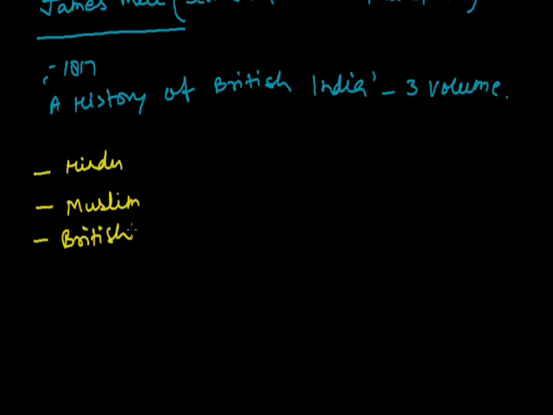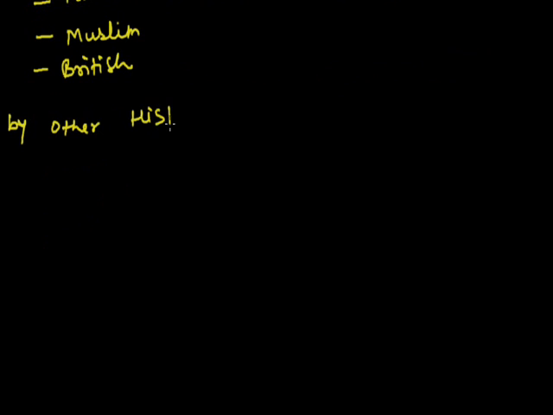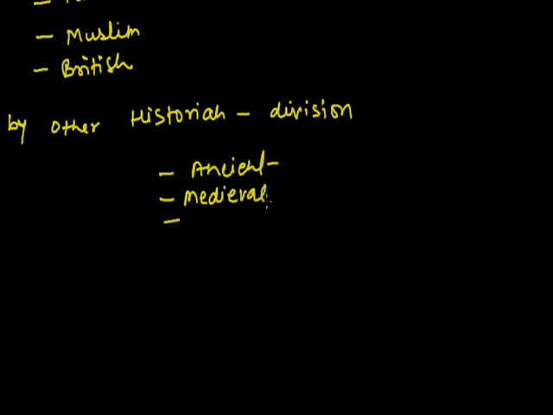Apart from Mill's classification, historians divided Indian history into three periods, that is ancient, medieval, and modern.